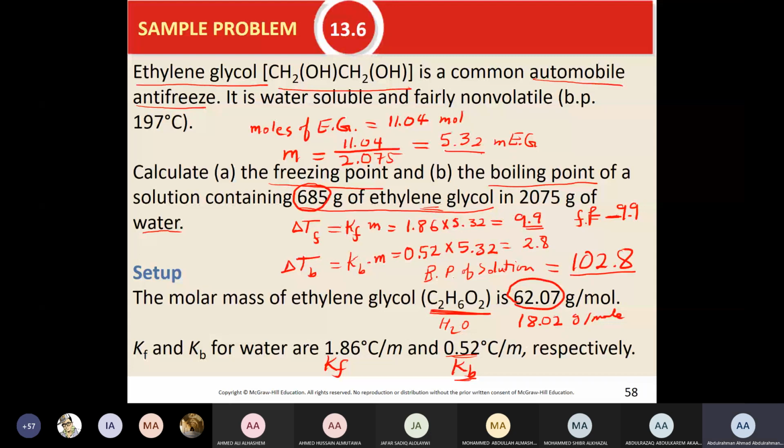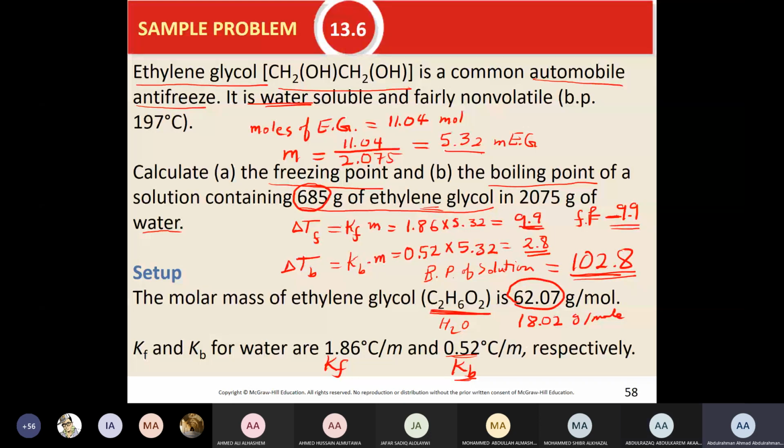What we calculated is 2.8, which is the increase, and we add it to 100, because this is water. We were talking about water. So this will be 102.8. This means it will increase by 3 points approximately, and the freezing point will decrease by 9.9.